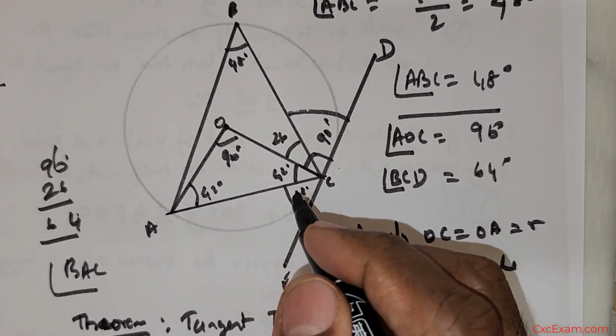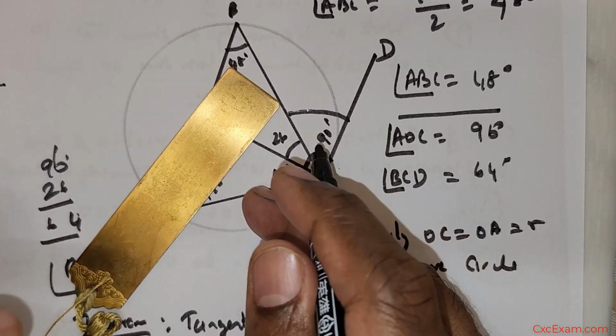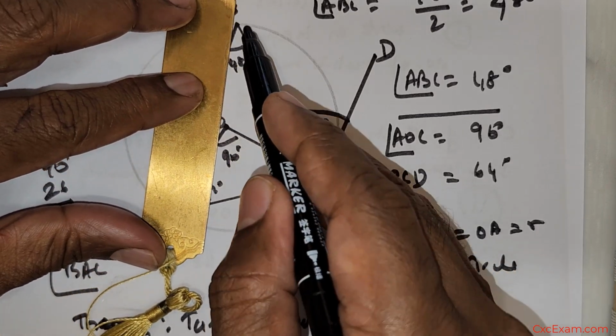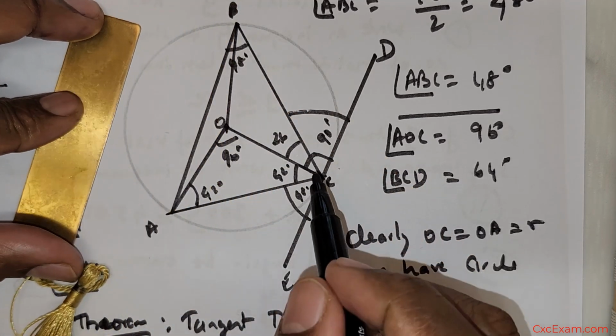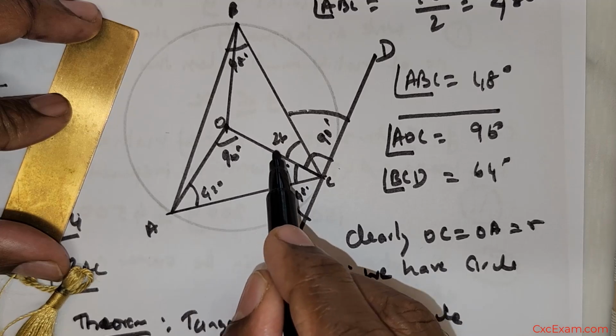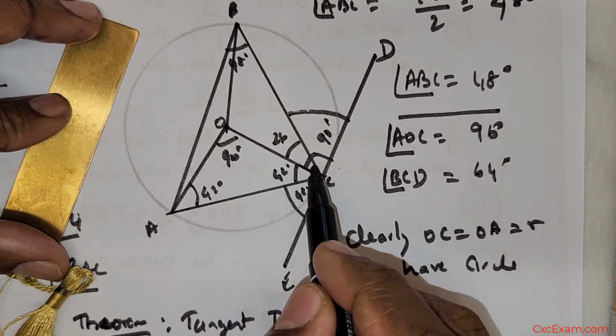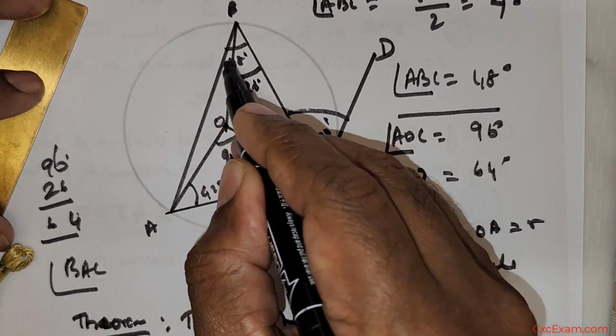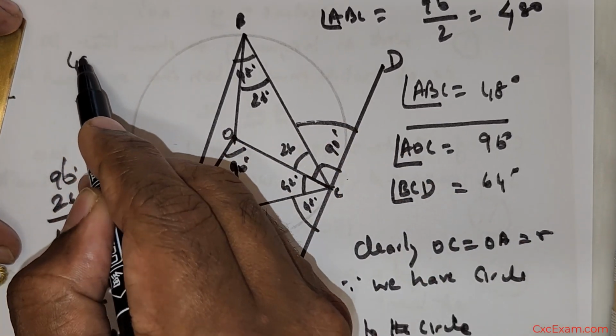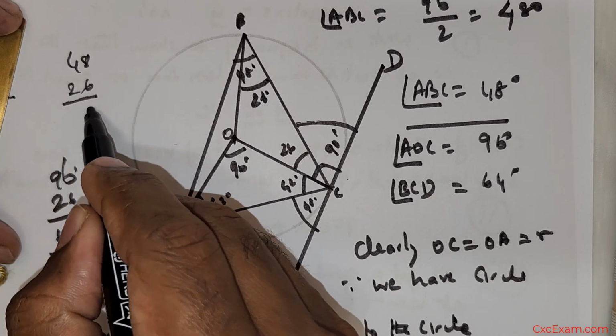Now how are you going to get that one? Let me show you. From the radius you hit this point B. Now this angle is 26 degrees. Since it's isosceles, this will also be 26 degrees. But we know this entire angle is 48. So from 48 you take away 26, what do you get? 22.